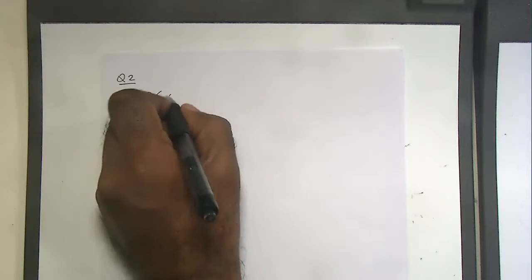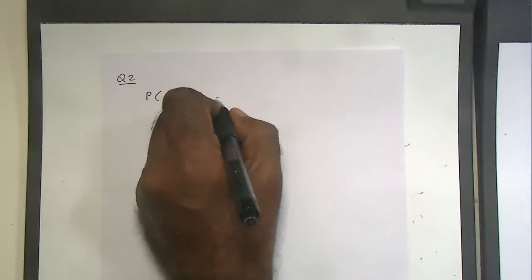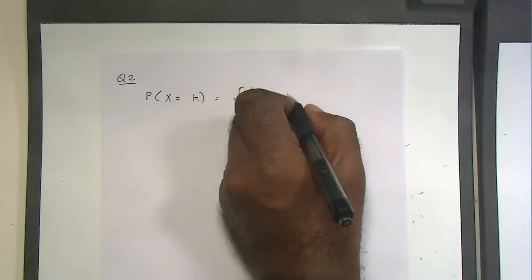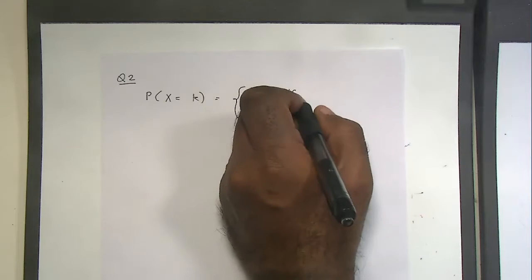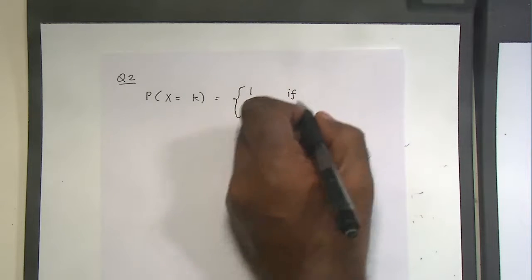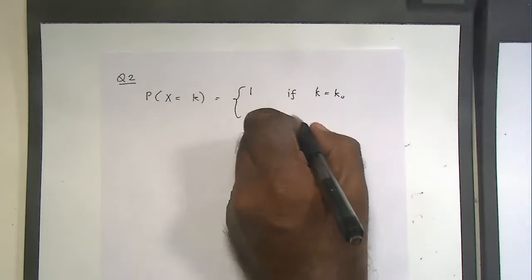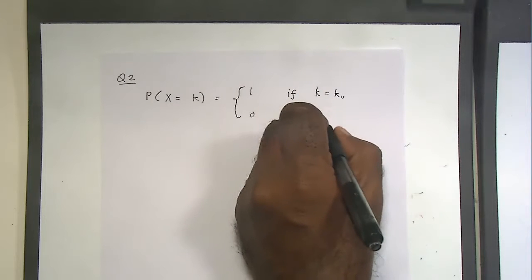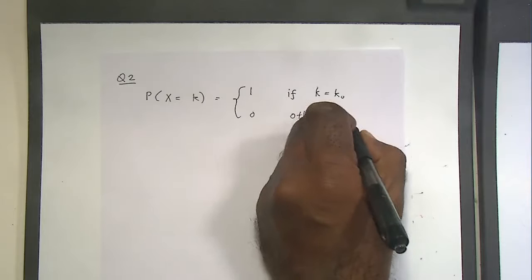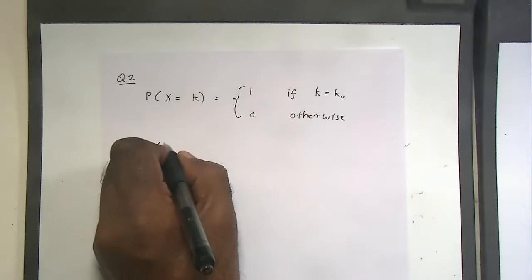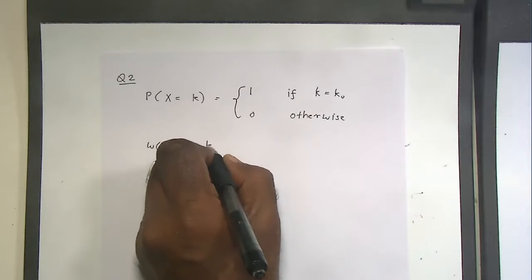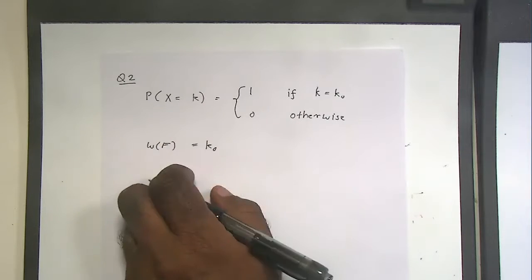You have the probability that x equal to k equal to 1 if k equal to k0, and 0 otherwise. So clearly in this case there's only one point, so w of f is equal to k0, right, clearly.